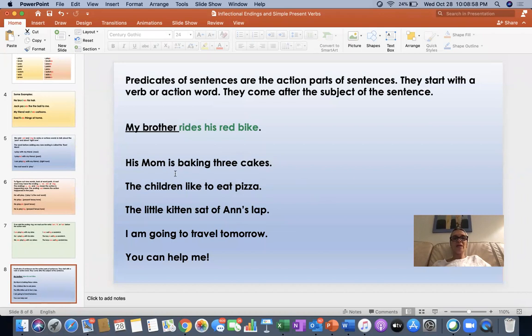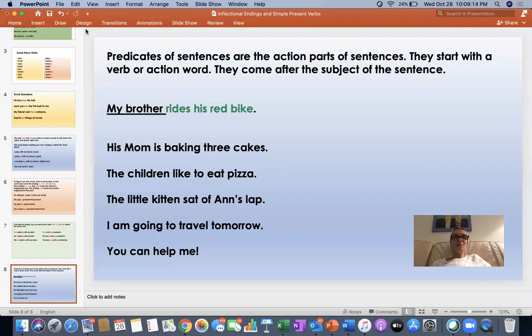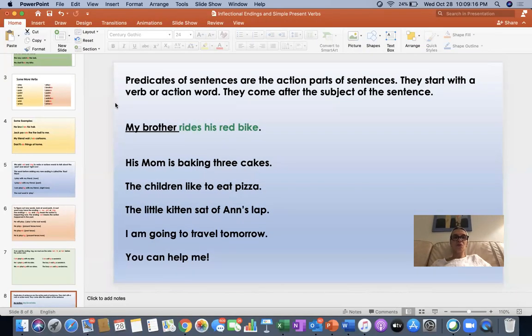His mom is baking 3 cakes. Who is the sentence about? Who is baking the cake? What is my subject? Who is the subject of my sentence? Exactly, it is his mom. So this part here, I'm going to underline it.